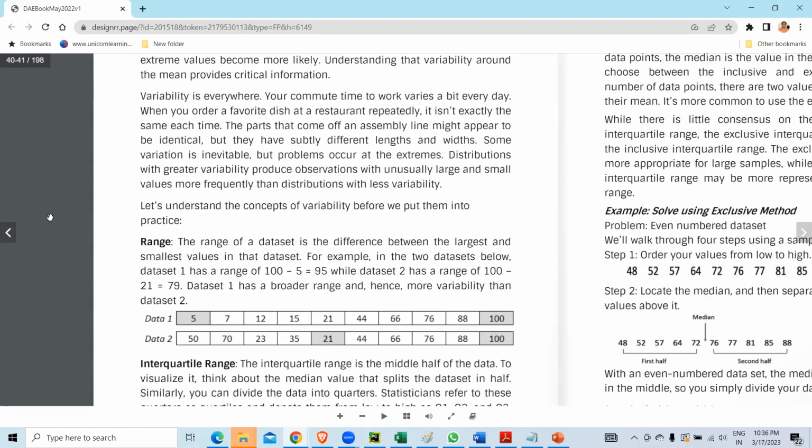Let's say one day I come 1 hour late for some reason. Range is always maximum minus minimum, so whenever you calculate range, you will get that outlier as the highest value, even though I came late only 1 day. Every time you talk about the high, you're talking about that value. So sometimes range may not be good.